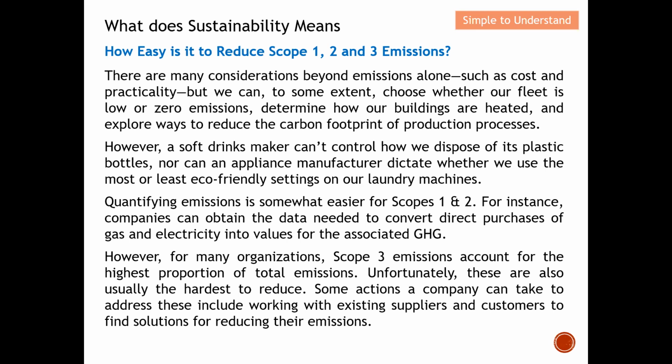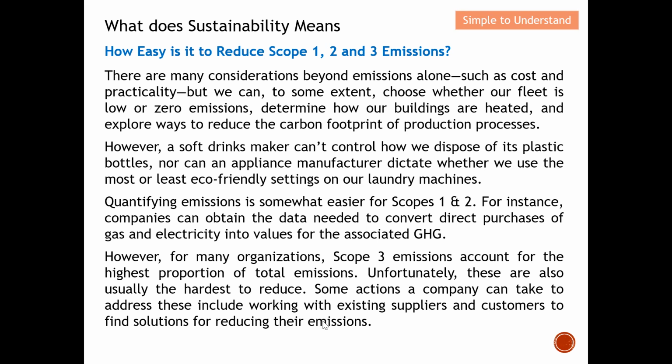For example, when you want to buy some raw material, you have no control over how your supplier processes the raw material. You don't have much control. Because of this, scope 3 is the hardest to reduce. Some actions a company can take to address this include working with existing suppliers and customers to find solutions for reducing their emission.